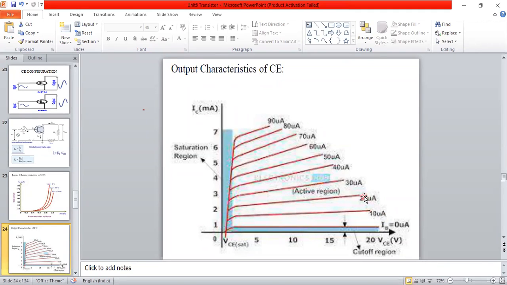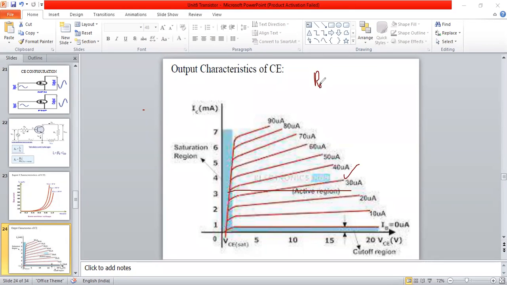Next, as we increase the voltage from 0, the current is slightly increasing, going upward. It is not a straight line. Remember that one. It is slightly increasing here.